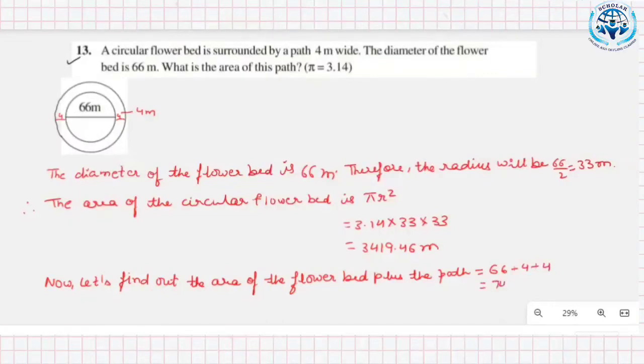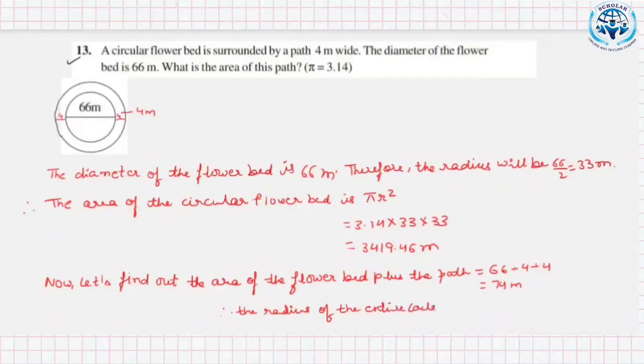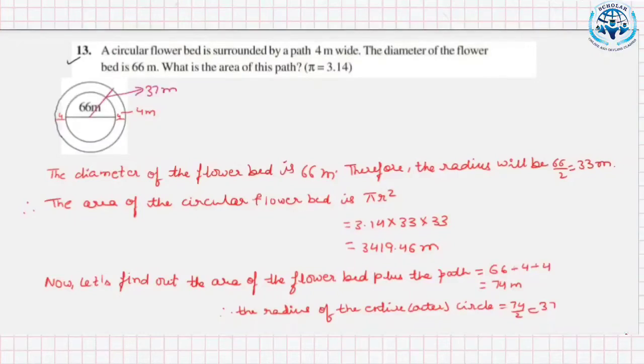Both sides we will add 4 to get the full diameter. Then divide this diameter by 2 to get the radius, 74 by 2. This is the diameter of the outer circle, that means the full circle, that means the larger circle, and the radius of the entire outer circle will be 37.